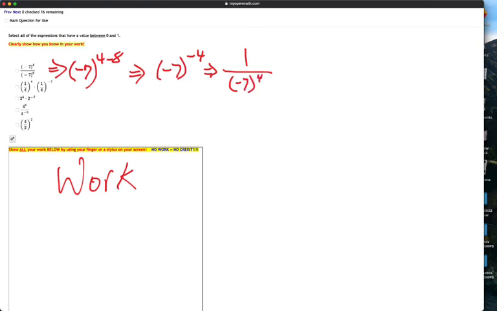Now, -7 to the 4th power, it doesn't really matter what that is, but we should realize that it's going to be some positive number. And so we have 1 over some large positive number. Now, clearly that's a fractional value that is in between 0 and 1. So this is one answer that we would select.